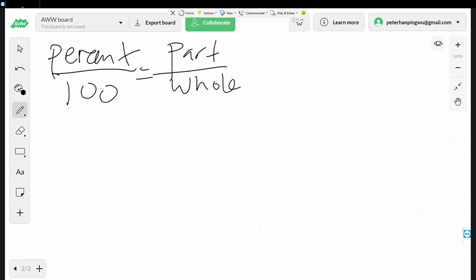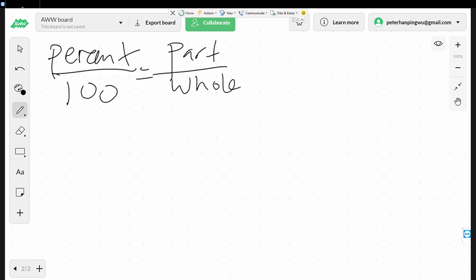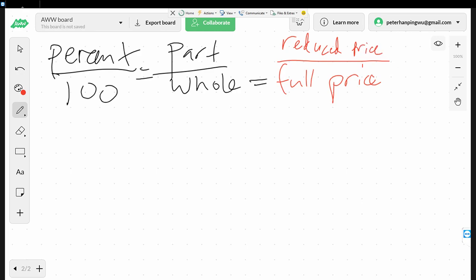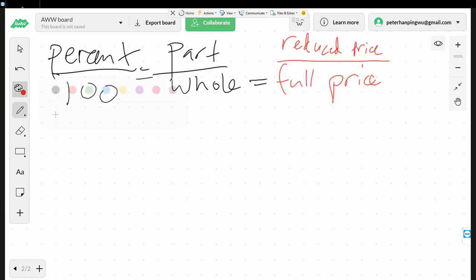So the first question I ask myself is, is the $6 the whole or the part? Well, we have a full price, so I'm going to interpret that as meaning the whole. So this is our full price. And the part is going to be our reduced price. Going back to our important information, our reduced price is $6.